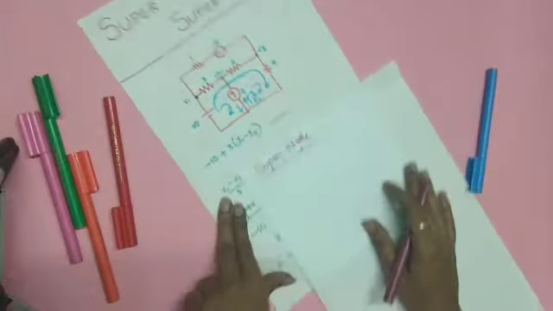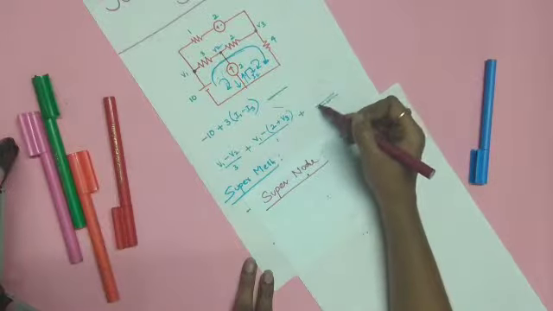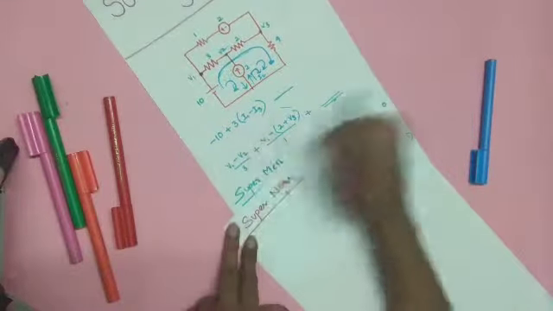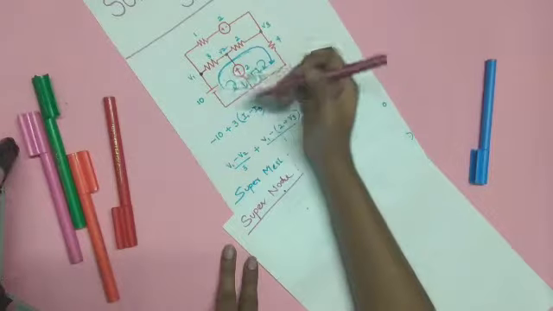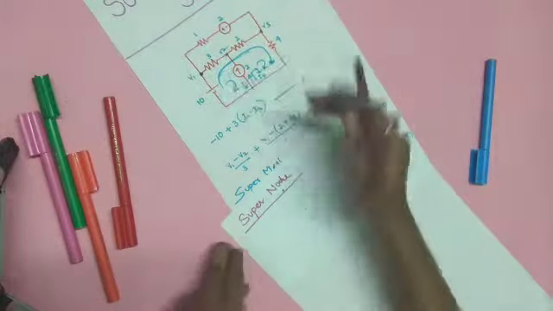Okay, now our problem is that we were not able to write the KCL equation for this node, because we don't know the current through this branch, right?